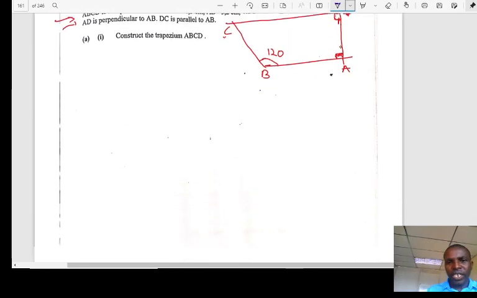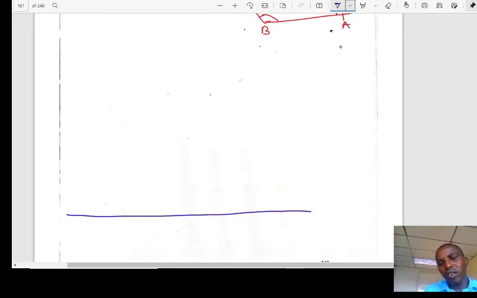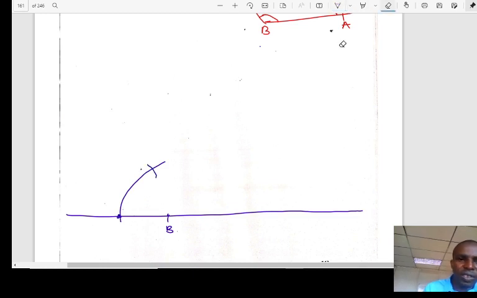So what you do is your baseline first. Then after your baseline, you put your B somewhere here. After your B, construct 60 degrees outside, so that you get 180. You come with the compass here, you open up to this point, then you mark inside here, then you come at this point here, then you join like this.